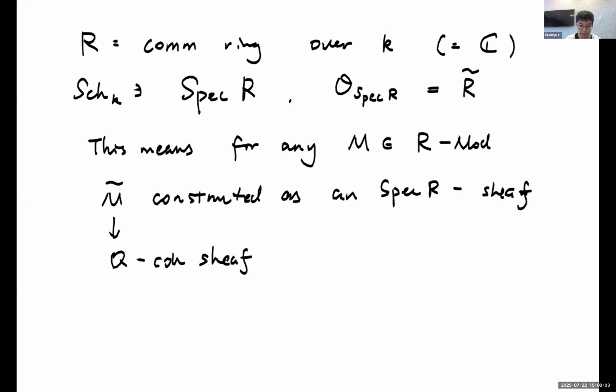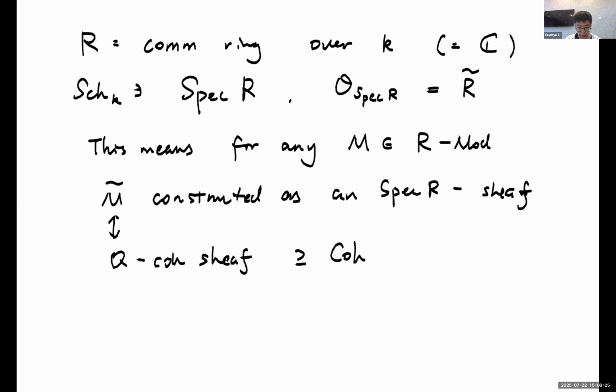Now you can actually construct a one-to-one correspondence between the category of quasi-coherent sheaves and R modules. And the category contains a subcategory which is coherent sheaves.